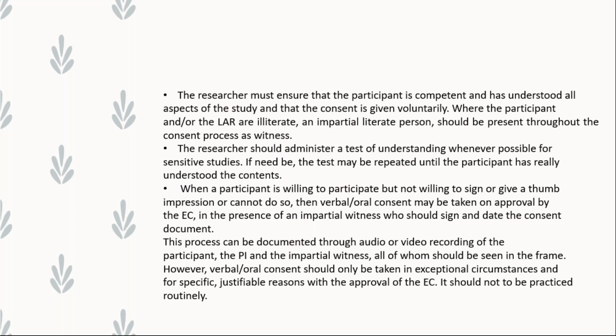This impartial witness can be any person who is not related to the study. It can be maybe another patient in the hospital. So an impartial literate person should be there, and the researcher has to make sure that all three are present, and the consent process has to happen, and video or audio recording also can be done.